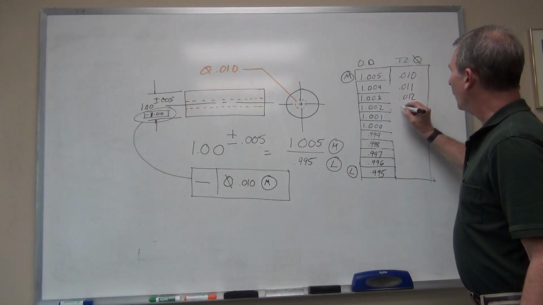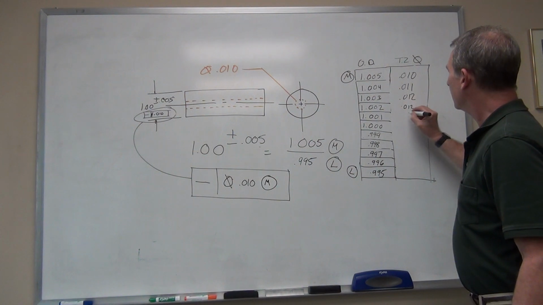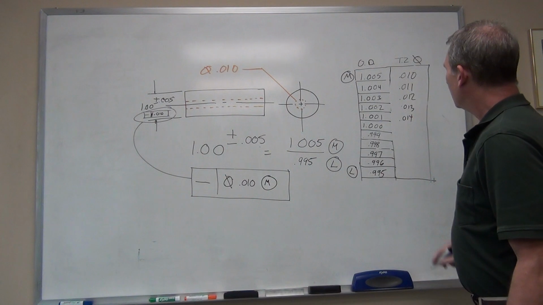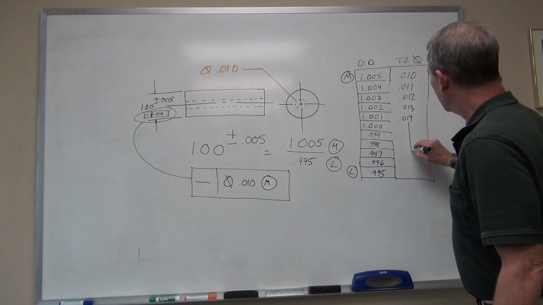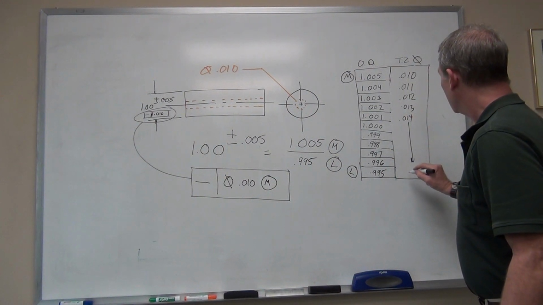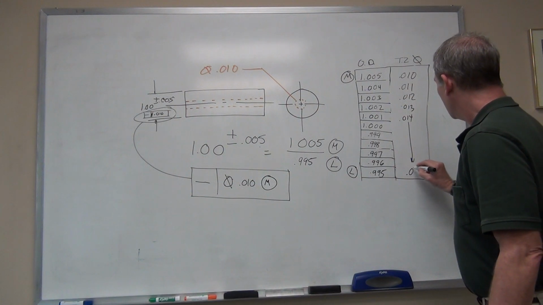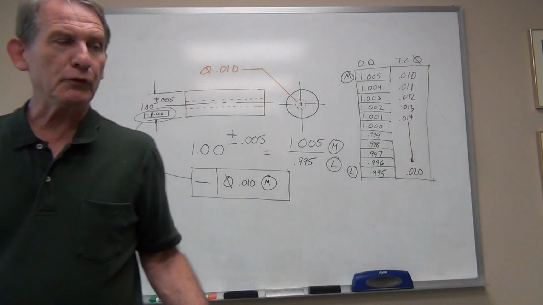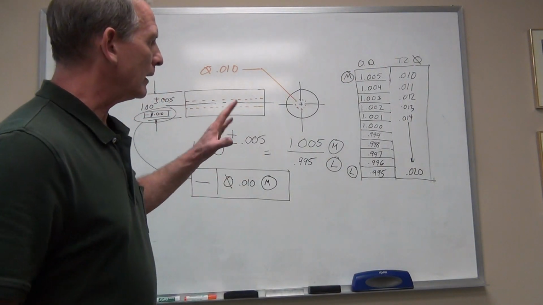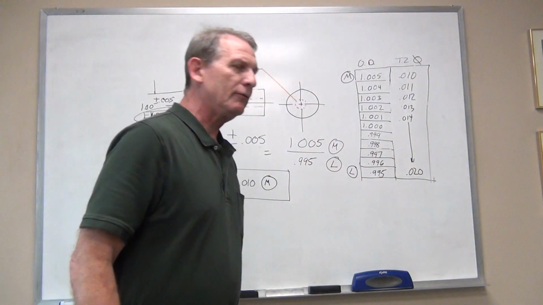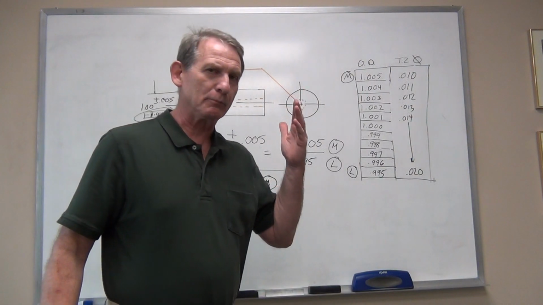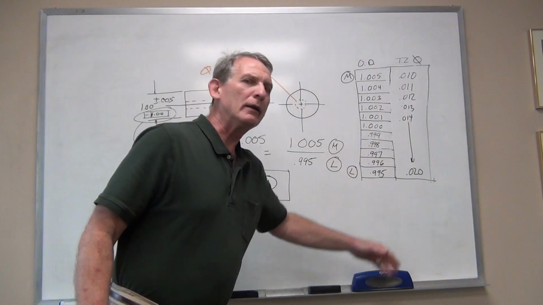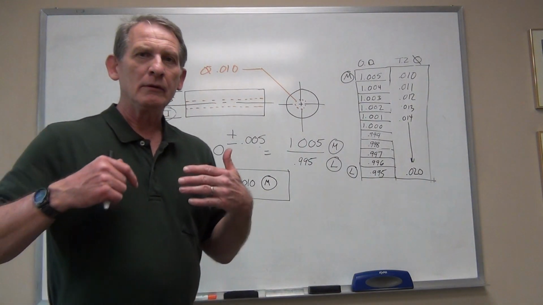And you just keep going all the way down to the bottom here. So if you start making your shafts at 995, right at the low limit, now that's kind of precarious, but if you can do it reliably, you get 20 thousandths of diametral tolerance zone for the straightness.